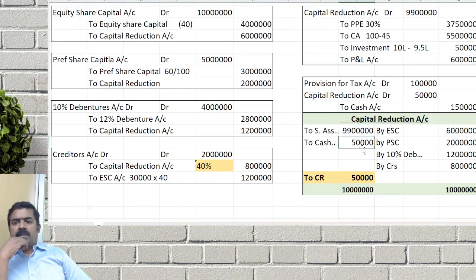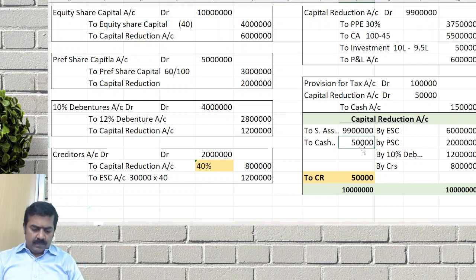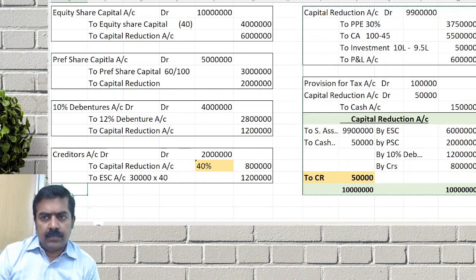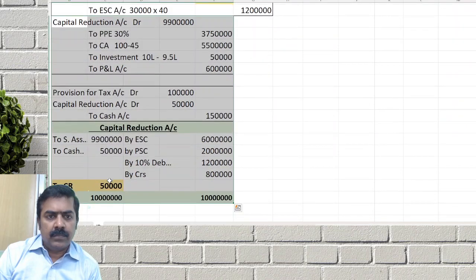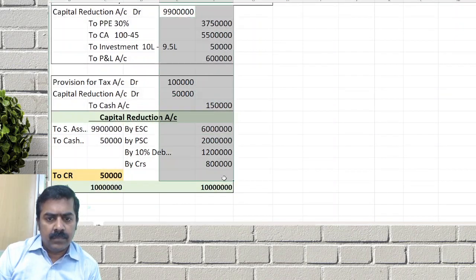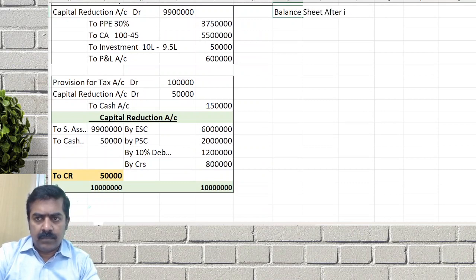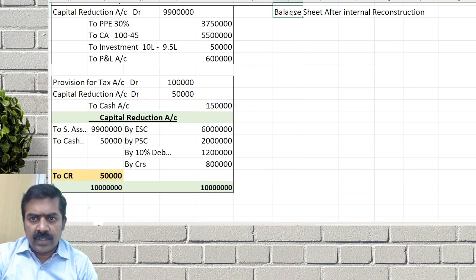Then prepare the balance sheet. Again, I am doing without a format.